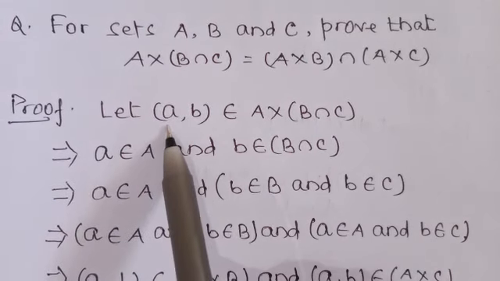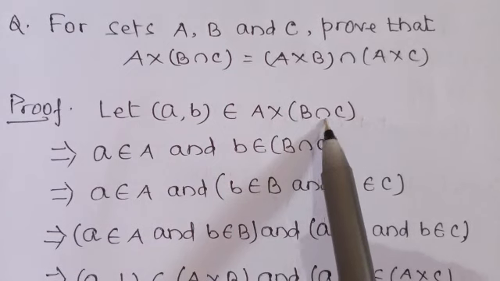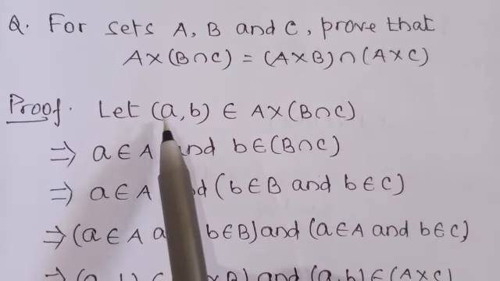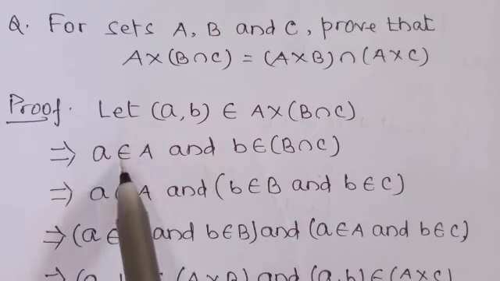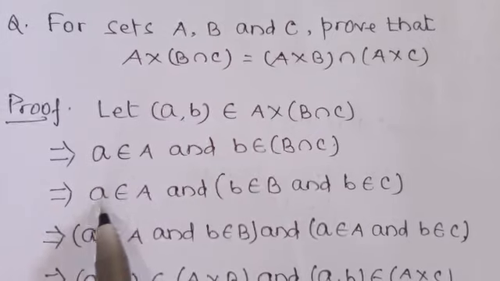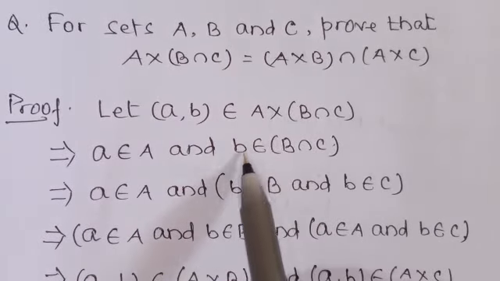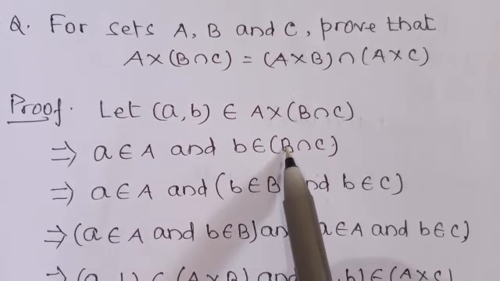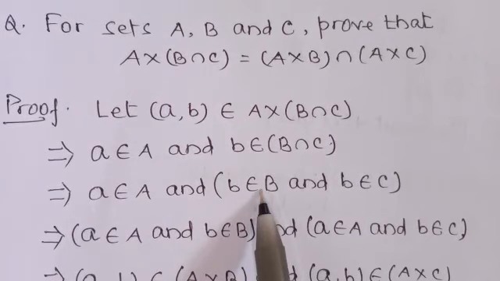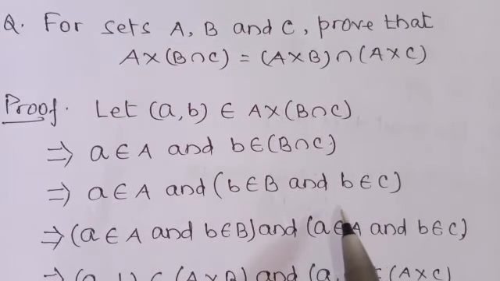So let (a, b) belong to A cross (B intersection C) be any arbitrary element. Obviously, the first element a belongs to A and b belongs to B intersection C. b belongs to B intersection C means b is common in set B as well as set C. So b belongs to B and element b belongs to C.